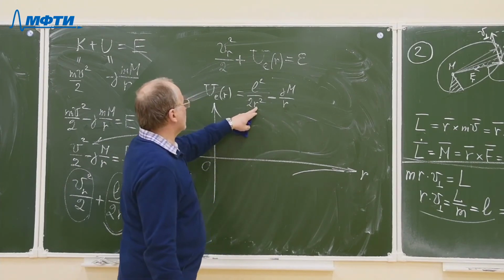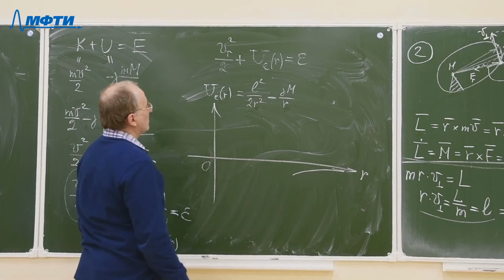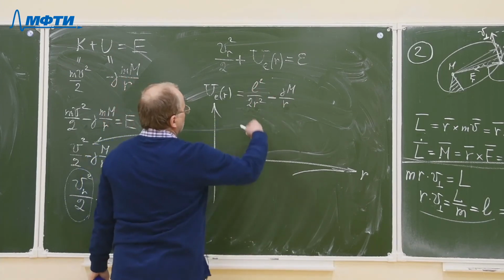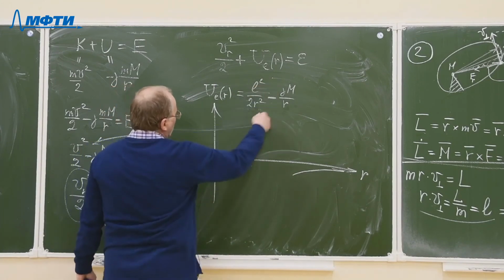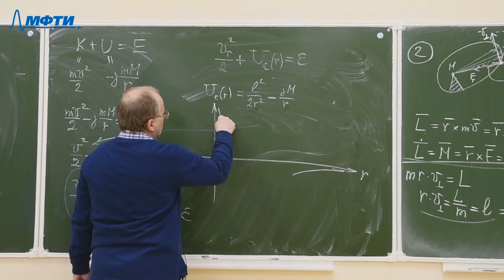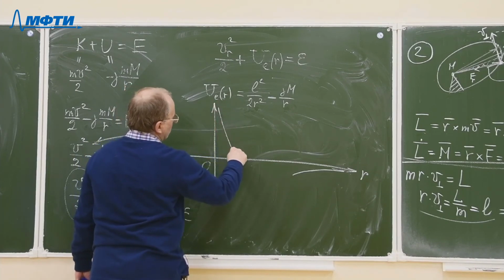So at small r, the first term is prevalent. It will be much, much larger than the second term. And so the first term gives you positive energy, but it will be sharply dependent on r, something like that.